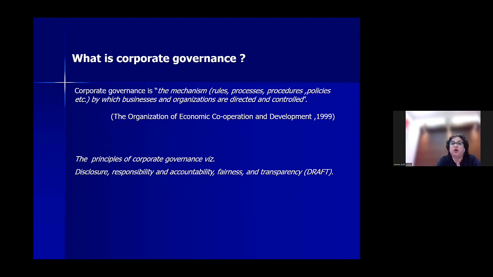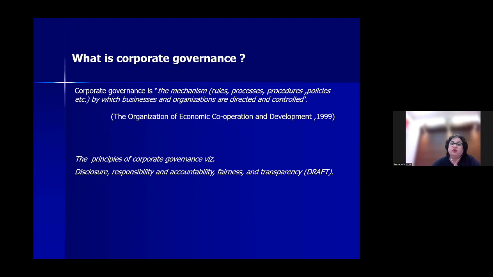And when we say corporate governance, the meaning thereby is the mechanisms. These are the rules, processes, procedures, policies, etc., by which businesses and organizations are directed and controlled. And when I say well-governed corporate entities, we can identify them through four or five, or maybe six principles.